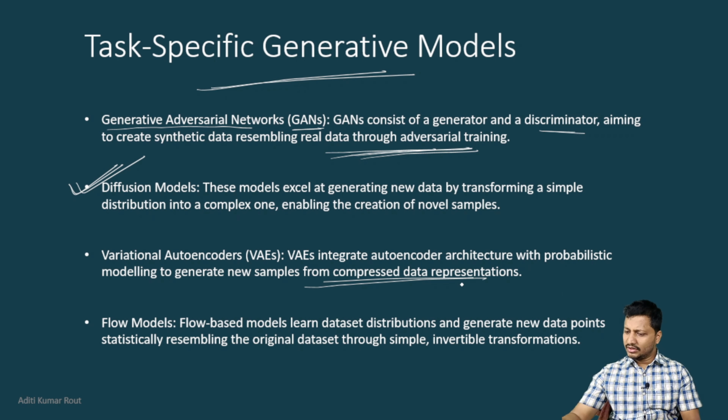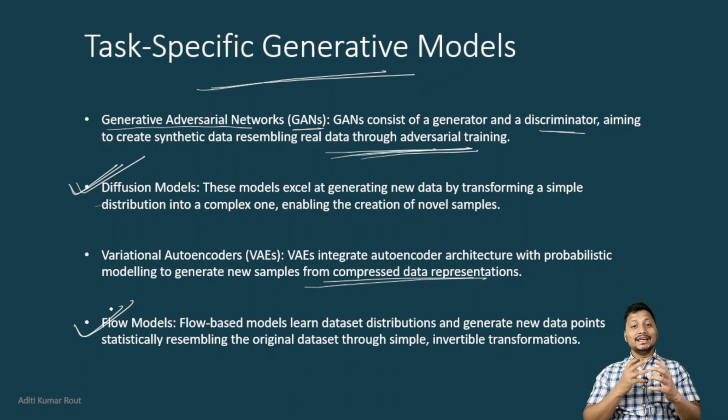And the last major category is the flow model. Flow based models learn the dataset distribution and generate new data that statistically resembles the original dataset through simple and invertible transformations.